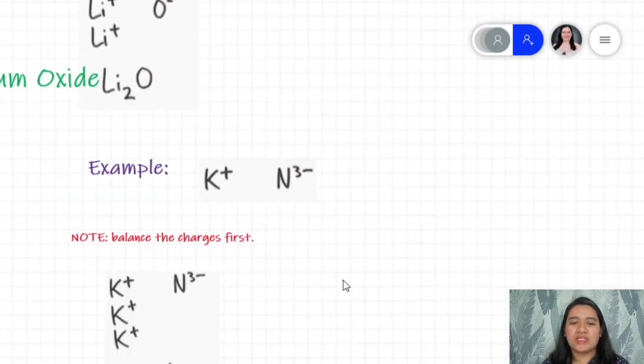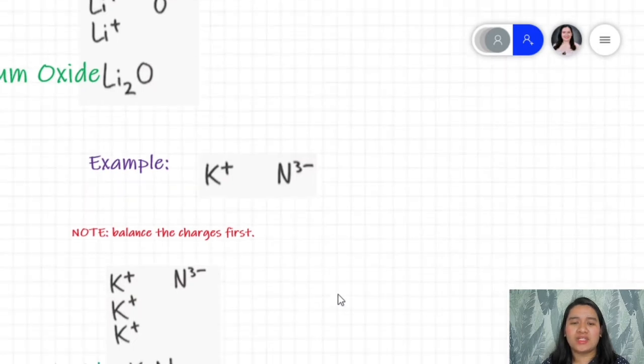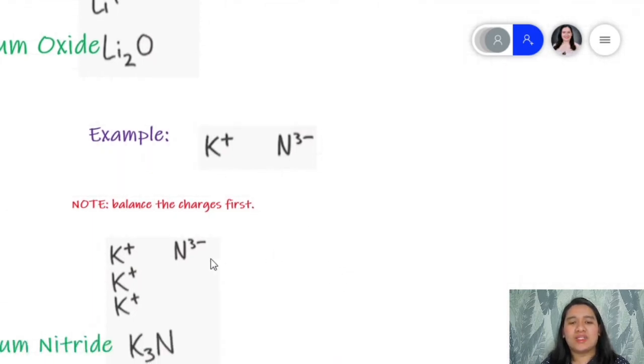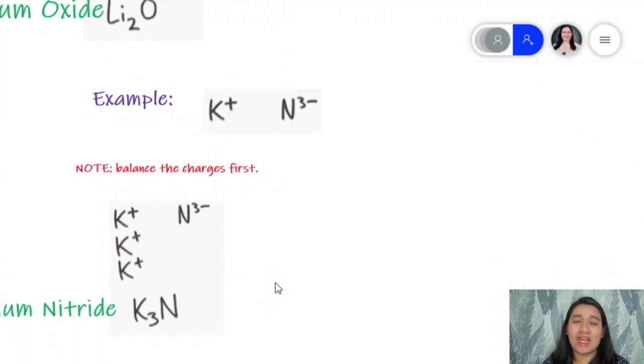The next step is to balance the charges. In order for us to balance, we either add from potassium or from nitrogen. Nitrogen has a 3 negative charge and potassium has a positive 1 charge. Since potassium is lesser, we will add more potassium in order for it to be balanced with nitrogen. We will add 2 more to have 3 charges for potassium.